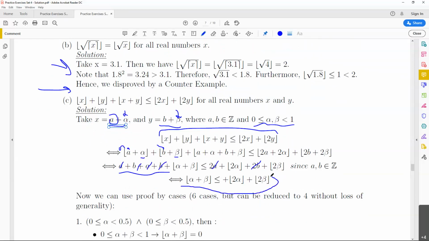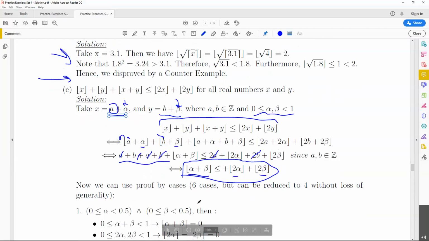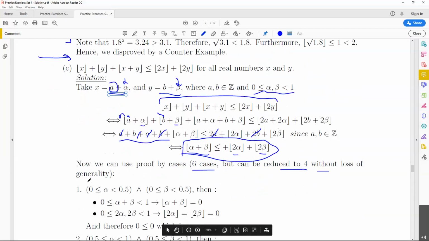You're left now with the actual thing you're trying to prove, the floor of the decimal parts of our numbers. Again, we're going to have to go over every possible case. They're saying we have 6 cases, but it can be reduced to 4 without loss of generality. We'll see what they mean by that. First case, what if both alpha and beta are less than half?